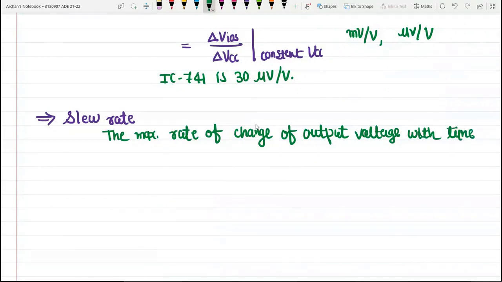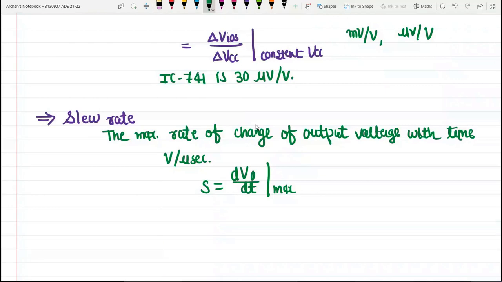Generally, slew rates are specified in volt per microsecond. The equation of slew rate is nothing but dVo by dt, and its value is the maximum rate of change of output voltage with respect to time.